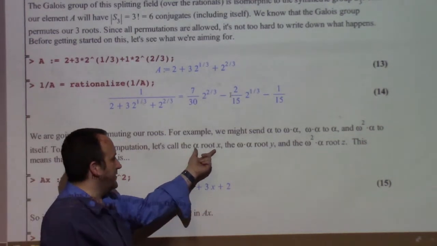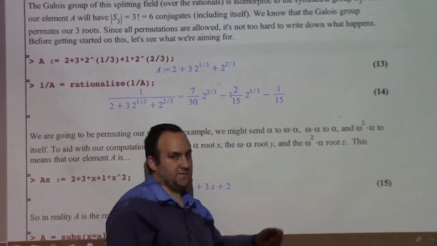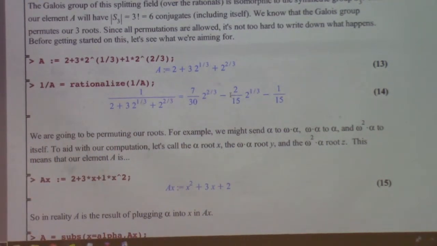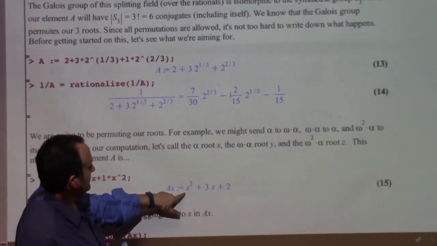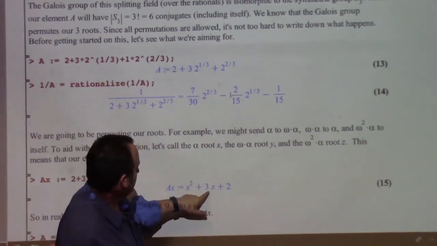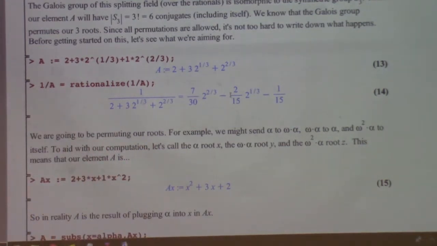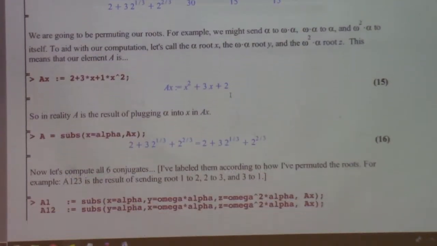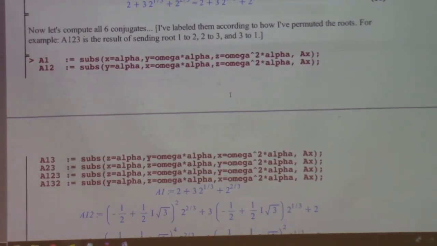He says alpha is root X, this is root Y, and this is root Z. So he's labeling the roots X, Y, and Z. And so A of X is root squared plus 3 times that root plus 2. Okay. So now he calculates all 6 conjugates using his code.